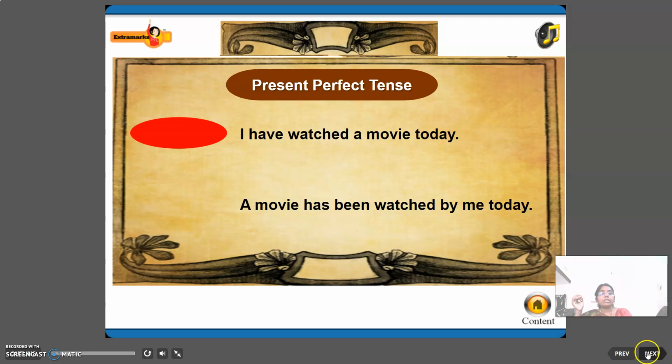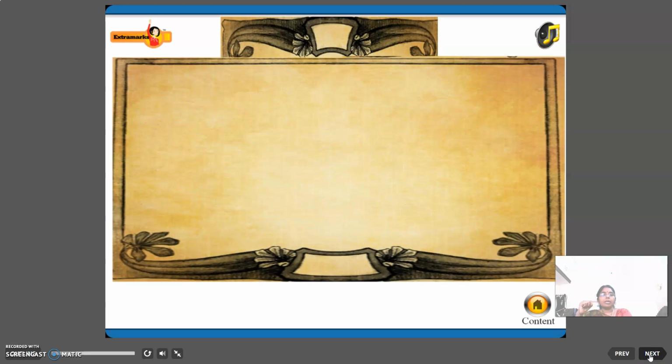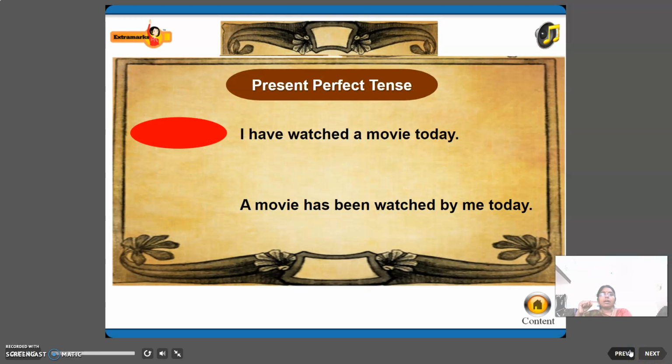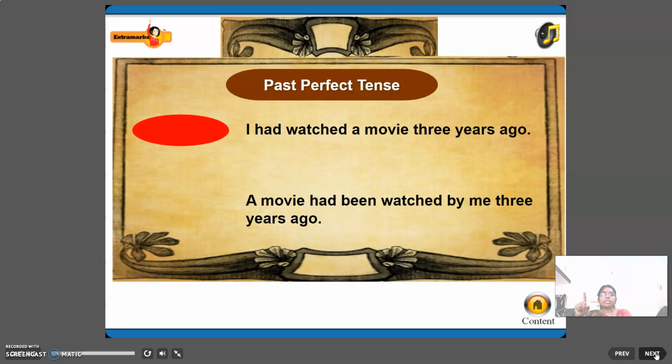So based on the subject, you have to decide whether has or have should be used. I have watched a movie today. A movie has been watched by me today. Right? So next, past tense now. I had watched a movie 3 years ago. Past perfect tense.